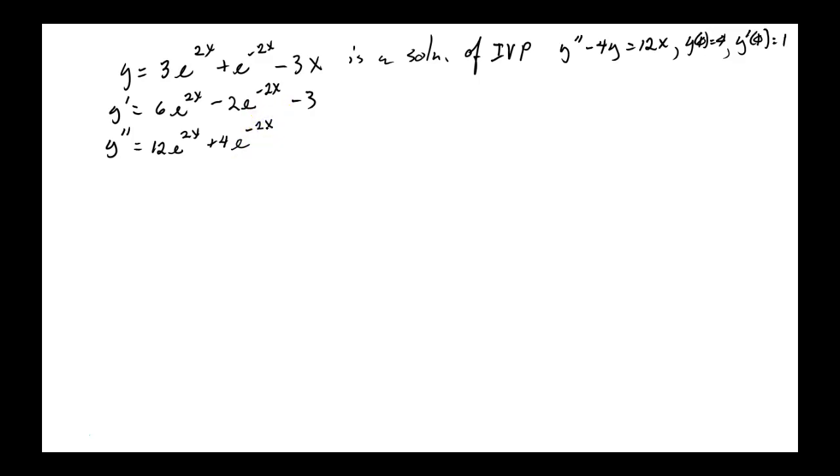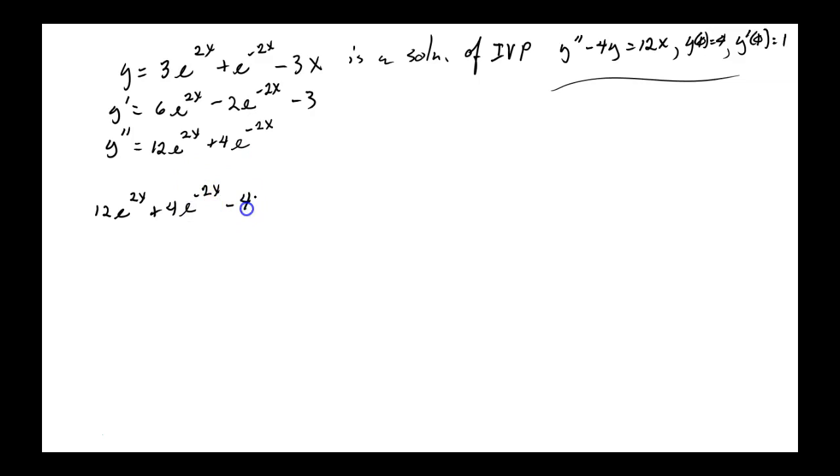And that's it. Now, let's plug in to your differential equation what we've just discovered. y double prime is 12 e to the 2x plus 4 e to the minus 2x.